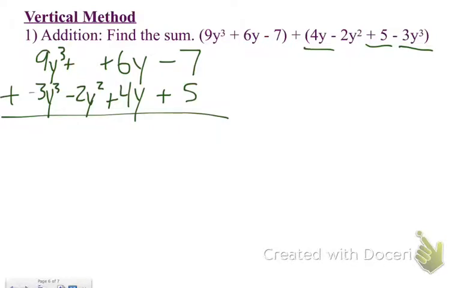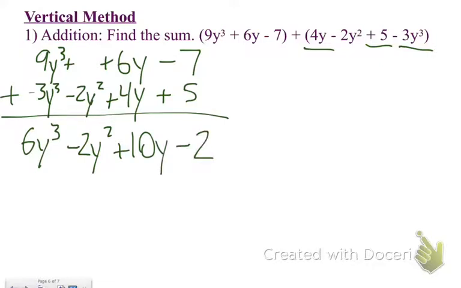9y cubed and negative 3y cubed is a positive 6y cubed. Nothing to combine there, so I'm just left with negative 2y squared. 6y and 4y is 10y. And negative 7 and positive 5 is negative 2 or minus 2.